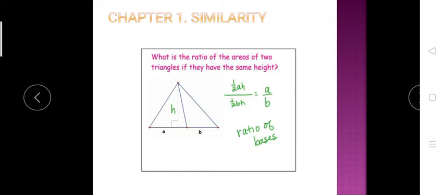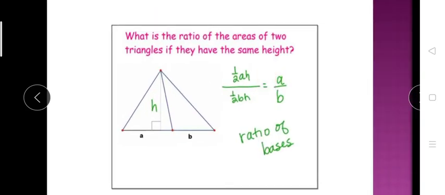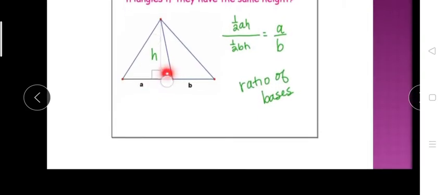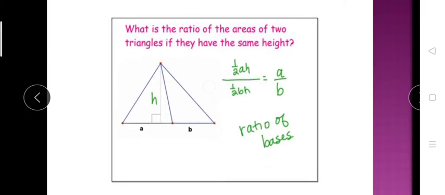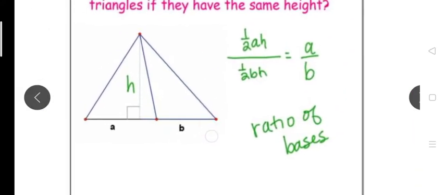Now look towards the diagram. If you are observing this, which two triangles are considered here? This small one and a big one, which have this H as common. The base of one triangle is A and the base of another is B. Height is H, which is common in both.